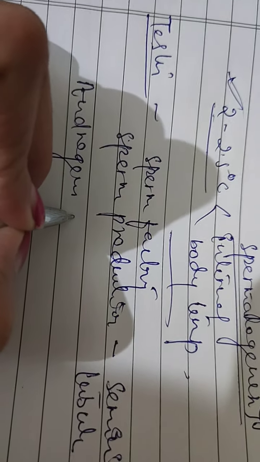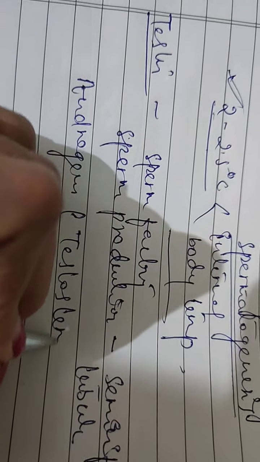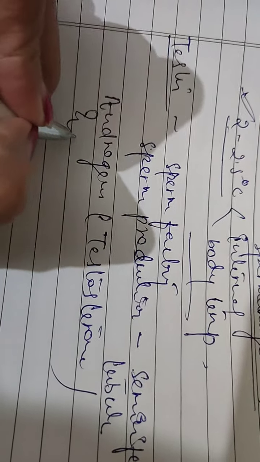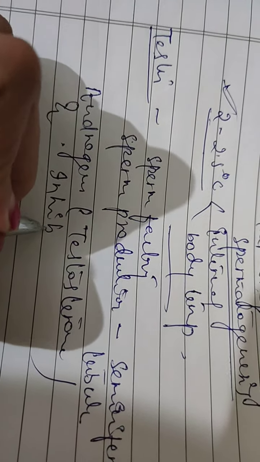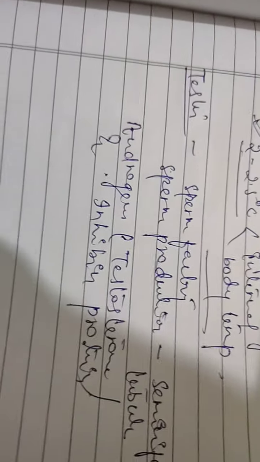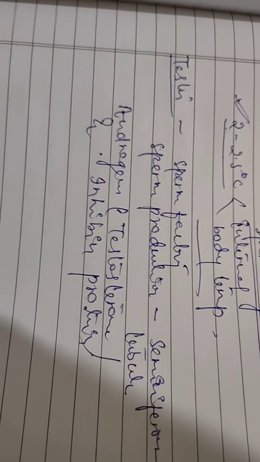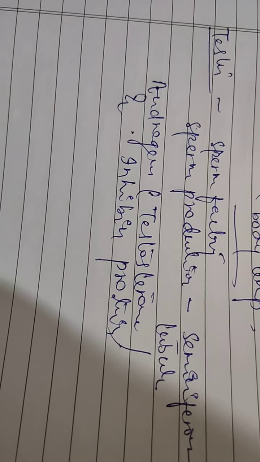In case of males, it is called testosterone, which is known as male hormone, and also responsible for secretion of some inhibin protein. What is their function we will discuss later. So testis is also called a sperm factory, produces sperms in seminiferous tubules, also produces androgens and inhibin protein.